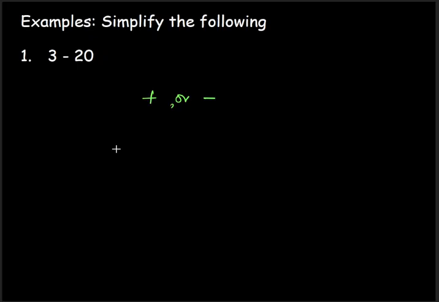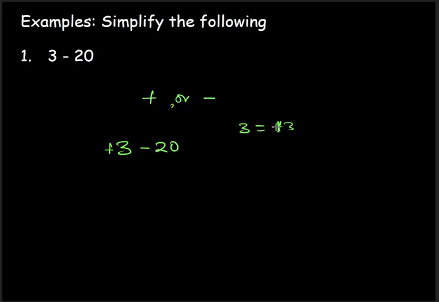So, number one, we are seeing 3 minus 20. What is the sign of 3? Now, when you have a case where you don't see the sign, either plus or minus, that means the sign there is plus. Remember, 3 is the same thing as saying plus 3.